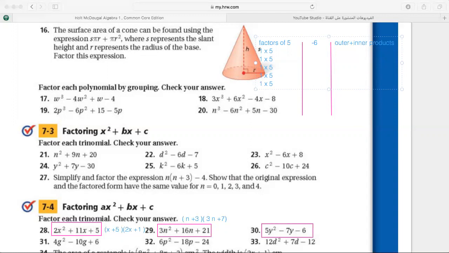Here, I have negative 6. So I will start by 1 multiplied by negative 6. And I will start by changing the signs. Negative 6 times 1. No, not the places, the signs.